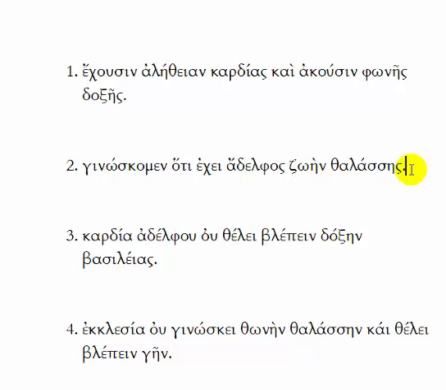The fancy term for this is epexegetical genitive. Don't worry about that. But just notice here the genitive can mean many more things than simply possession. So we know that the brother has a life of the sea. And don't worry about the fact that there's no word for "the" there. We'll talk about that later.